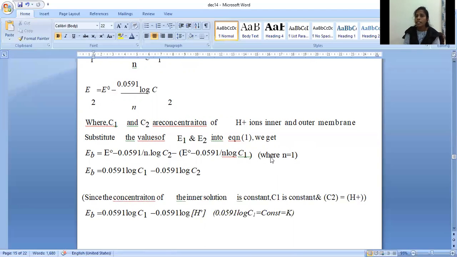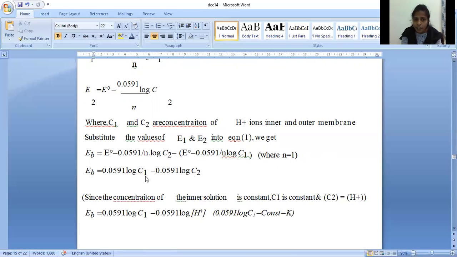So when we substitute n as 1, we get E naught minus 0.0591 log C2 minus E naught, minus of minus, plus 0.059 log C1. Here we have minus E naught and here we have E naught, so this E naught gets cancelled. So we will get 0.0591 log C1 minus 0.0591 log C2.